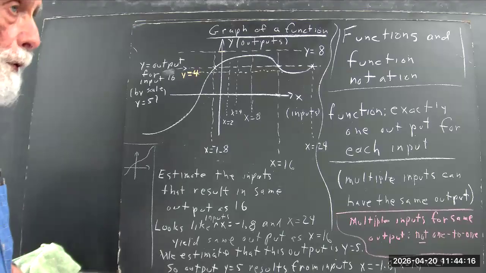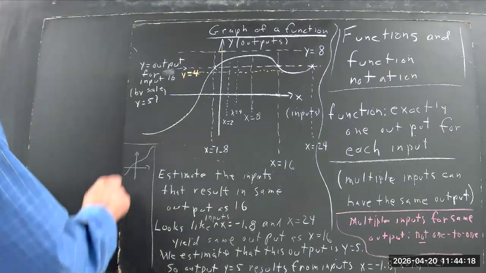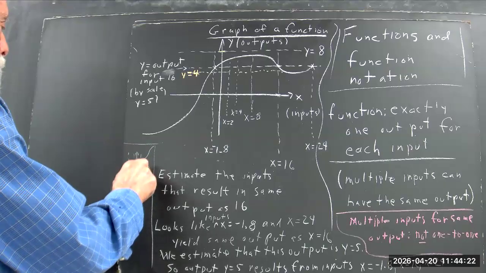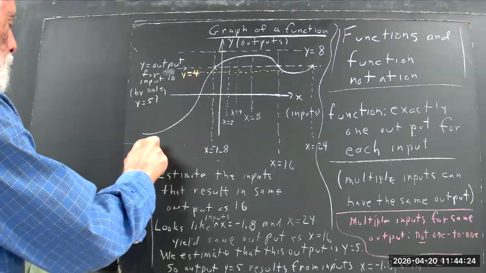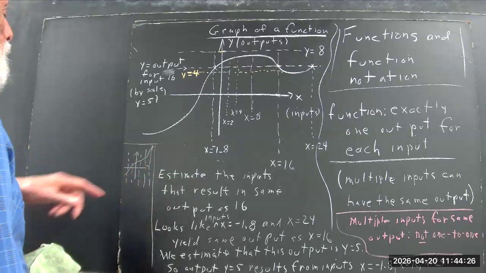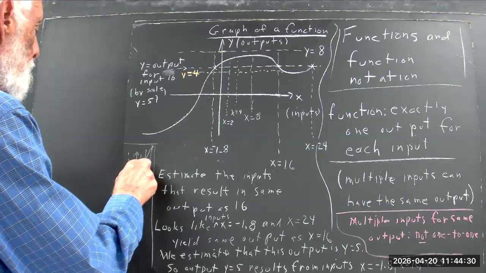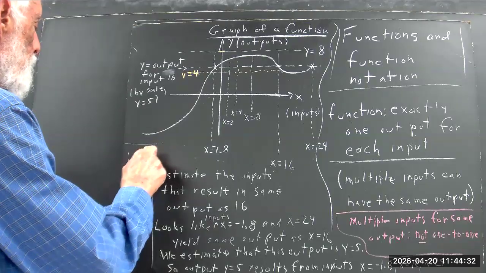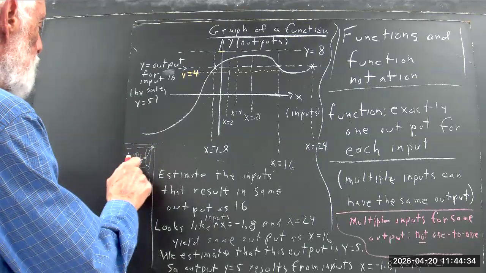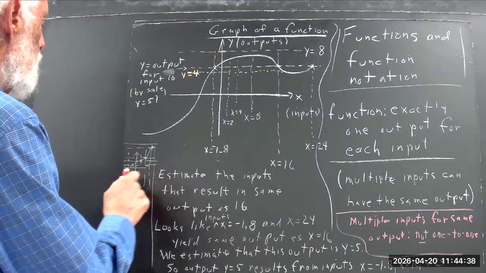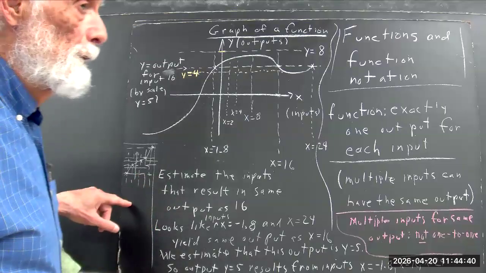This curve represents a one-to-one function because every input, no matter what input you use, no matter what vertical line you draw, no matter what x value you happen to choose, there's exactly one output for every one of these. None of these output lines cross the graph in two places.